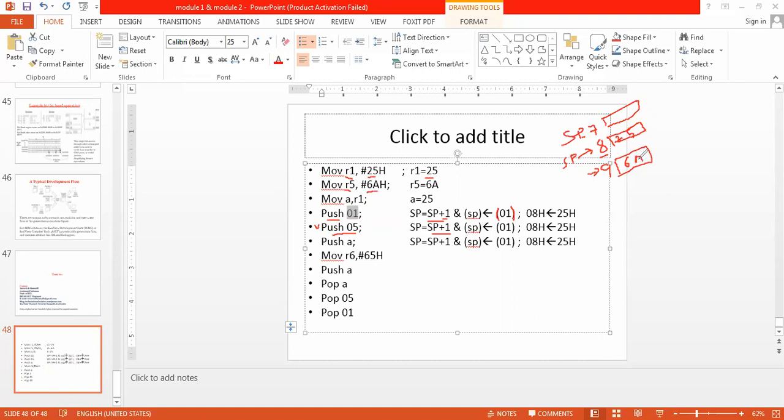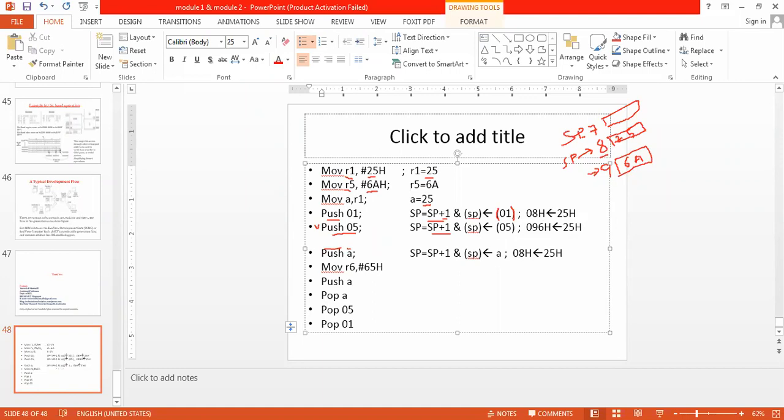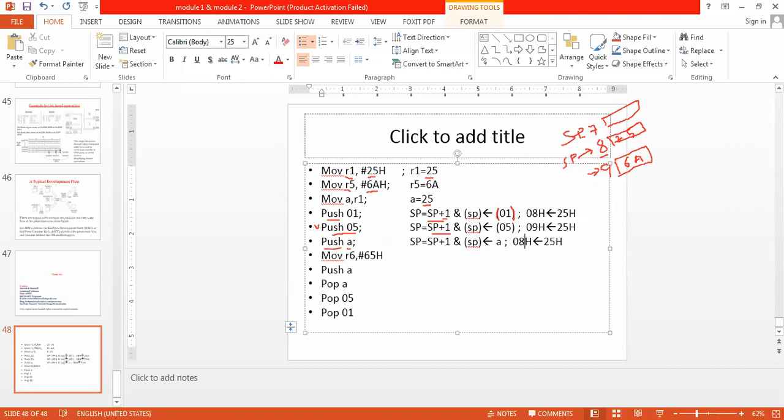Okay. Then push A. What is the value of A? The value of A is 25. But push is happening, so first what will happen? Let me change it here. This is 05, this is A, this is 08, this is 09.